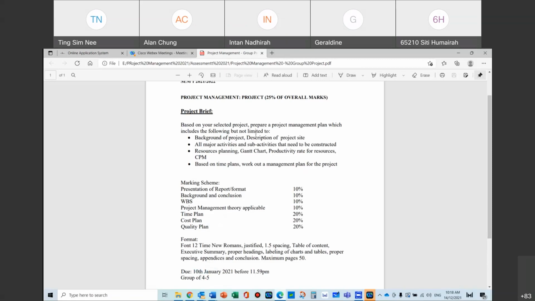Dr. Ting, for cost plans, we are expected to do detailed estimate, is it? Detailed estimates, correct. And for Gantt charts, we're expected to produce a Gantt chart with layer 3 as predecessor or successor, is it?